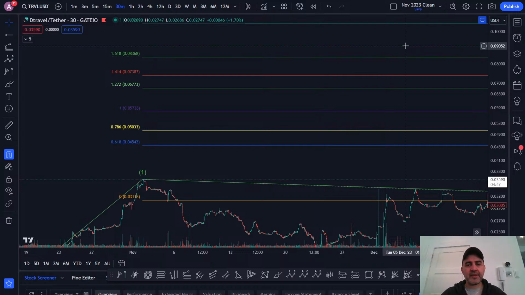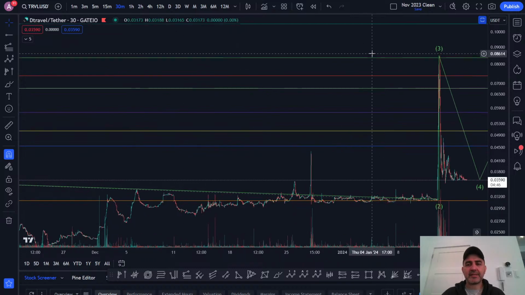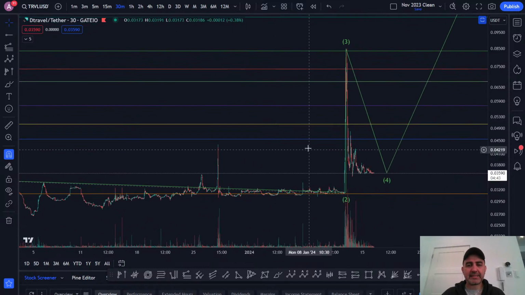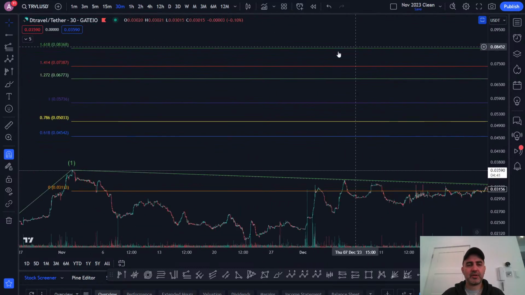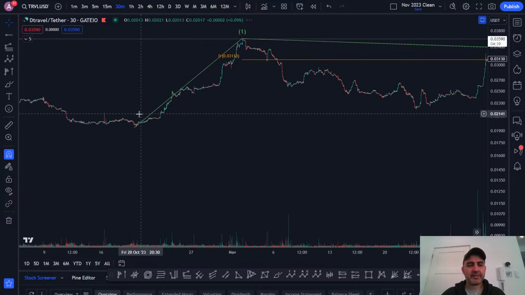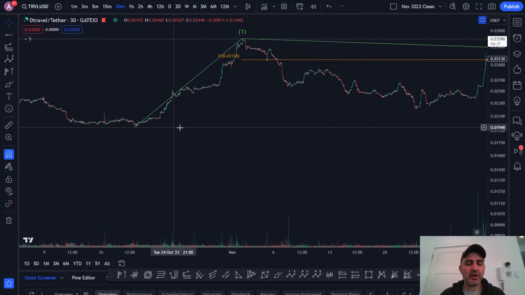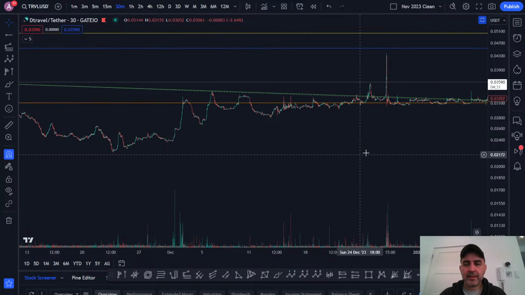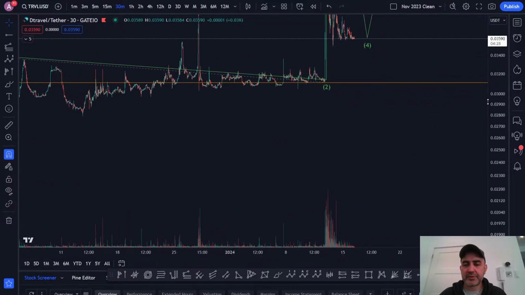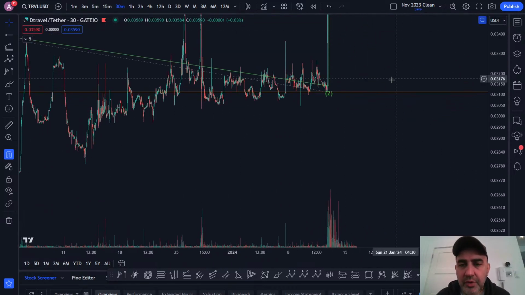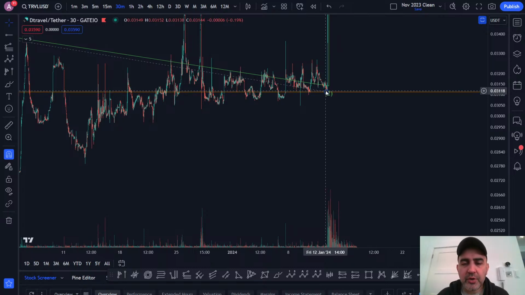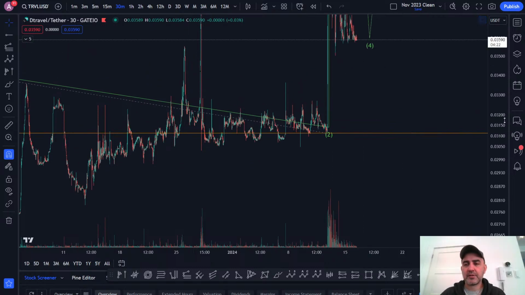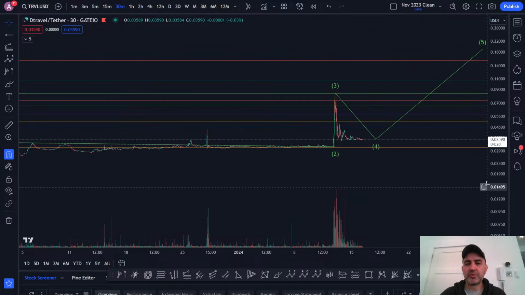So the 1.618 on a trend-based fib extension from the 0, which is the all-time low, to the 1, which was the high of the first move, to the 2, which is the low of the impulse, took us all the way to the 1.618.